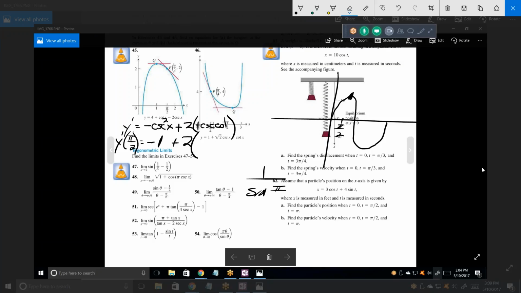Whatever that is, we just figured out that sine of pi over 2 is 1. So that's positive 1. Times, what's the cotangent of pi over 2? That would be 1 over tangent.